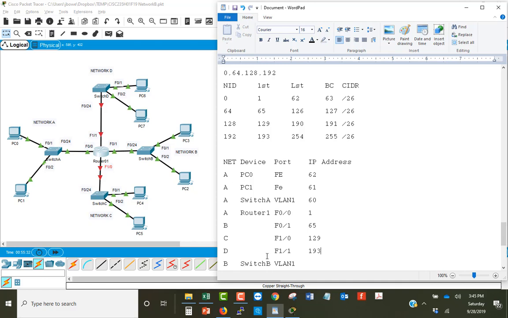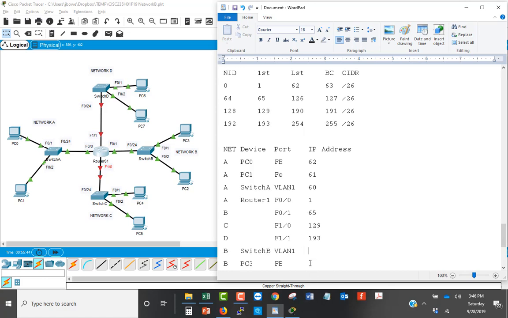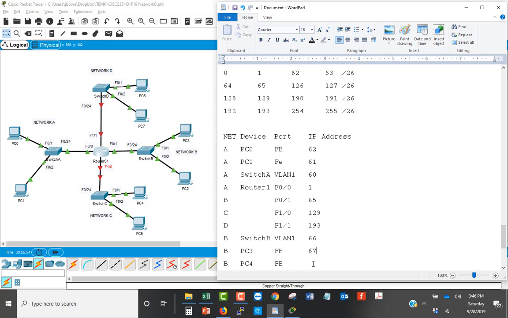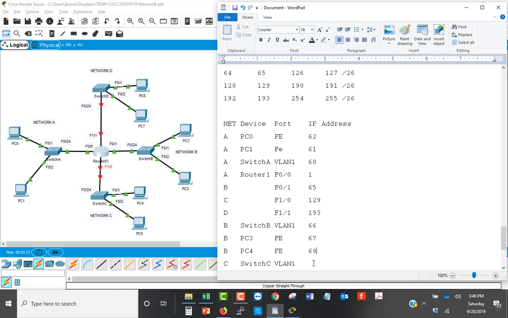Then we're back to network B, switch B VLAN 1. I'm in my second block here, and I gave 65, so let's do 66, then 67, 68 for network B. Now we're into network C, coming out of our third block, 129 through 190.